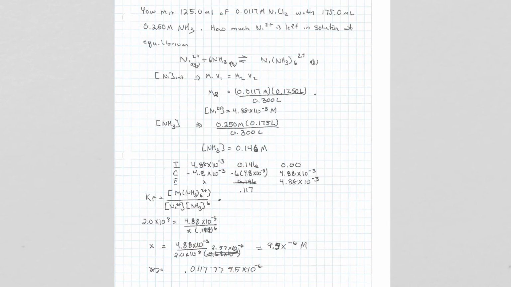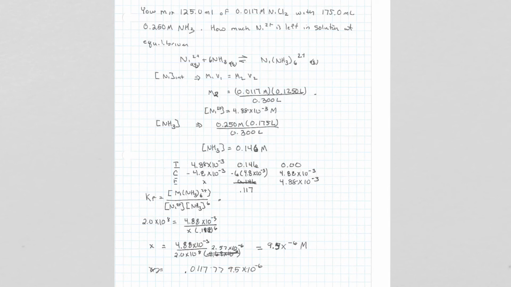Now, another type of problem is simply to look at the KF itself and see how well the complexation works. So basically we're going to be testing the idea that if we use a large enough concentration of our ligand, we can essentially get all of the metal into solution.